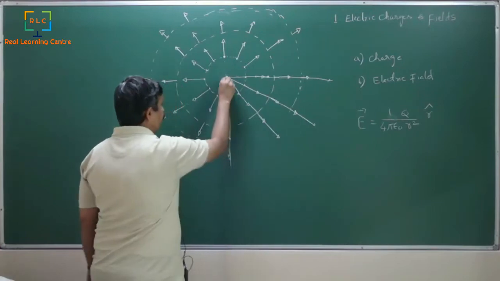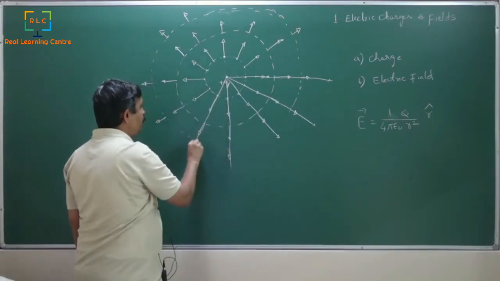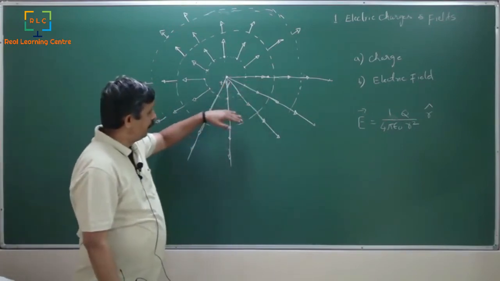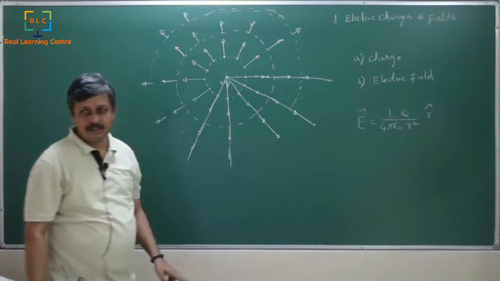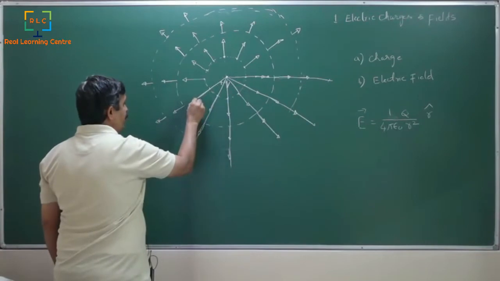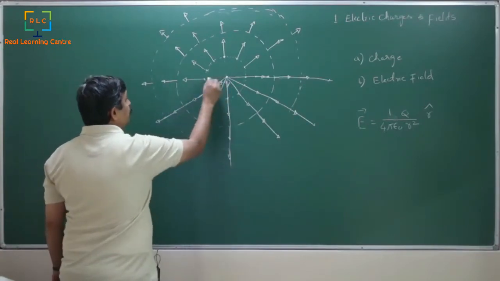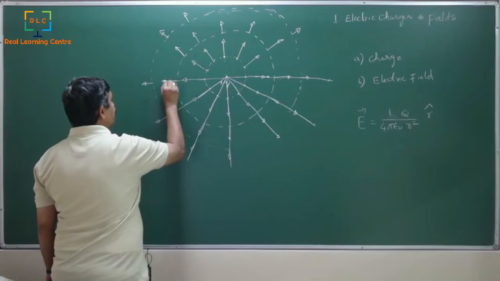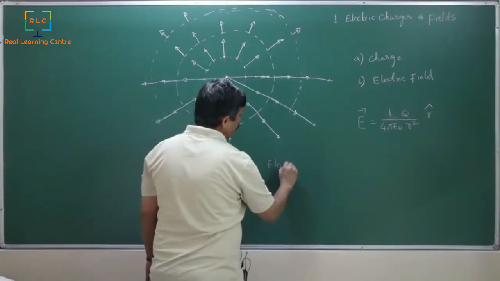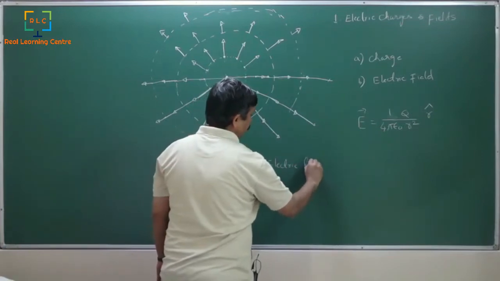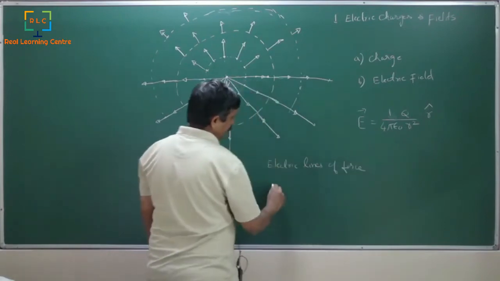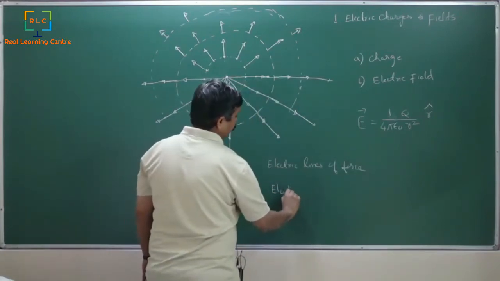At any point you go on the line, I have written a certain number of lines here, but you can write as many as you want, and everywhere you can calculate. You just get a higher resolution if you put in more lines. So he says that you can draw these lines like this and calls them electric lines of force, or now we call them electric field lines.